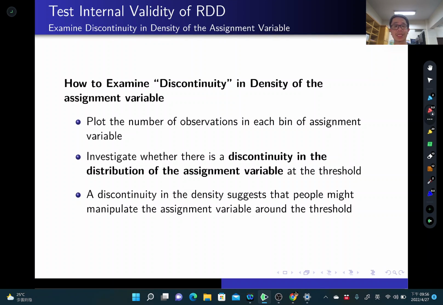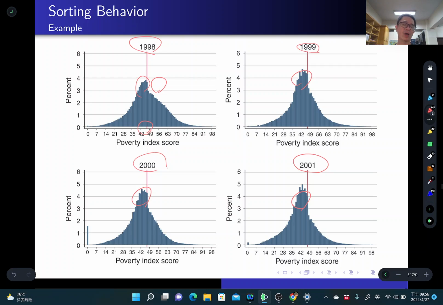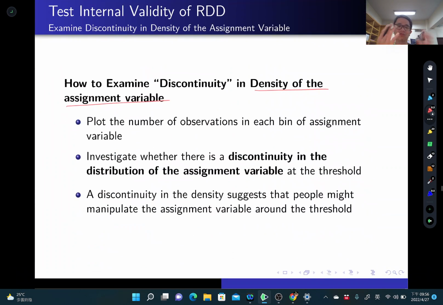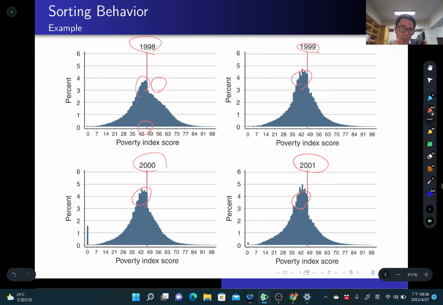So how do you examine the discontinuity in the density of the assignment variable? First, you just plot the distribution, like this, to see whether there's any discontinuity in the distribution of the assignment variable around the cutoff. If you find such a thing, that potentially suggests there's some manipulation around the cutoff.